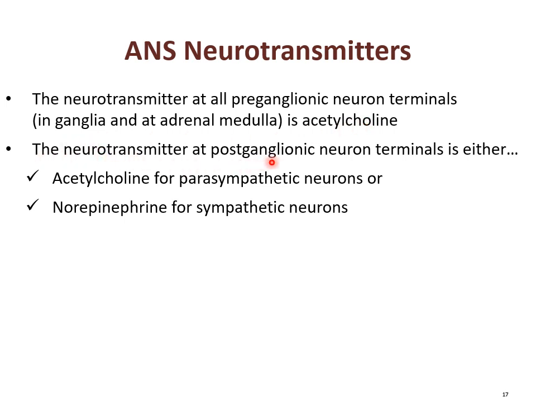Now, the neurotransmitter at the postganglionic neuron terminal, the end where the postganglionic neuron synapses with the effector site, is either acetylcholine for parasympathetic neurons, or norepinephrine for sympathetic neurons. Excuse me, my mistake.